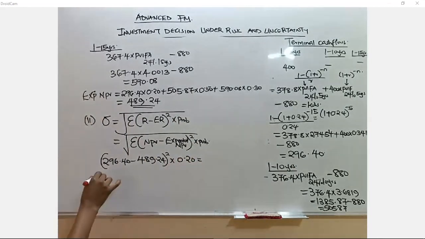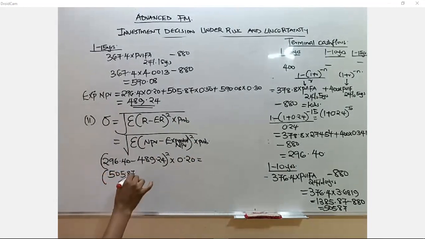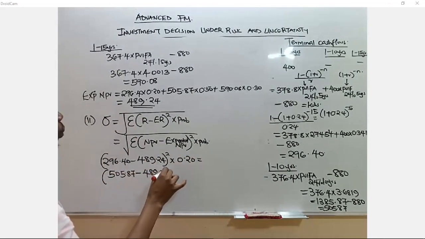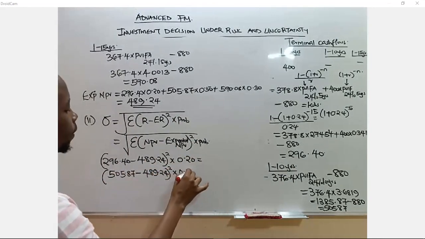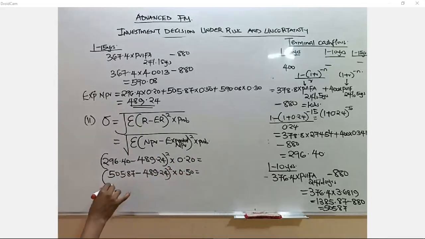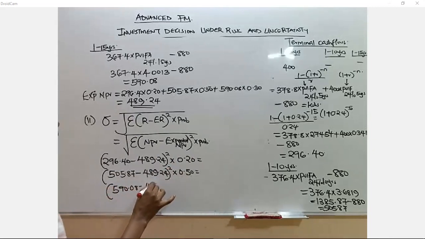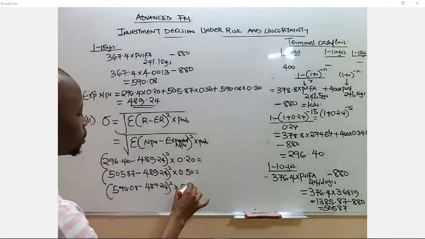The second one will be 505.87 minus 489.24 squared. We multiply by 0.50. Then the third and last one will be 590.08 minus 489.24 squared. We multiply by 0.30.